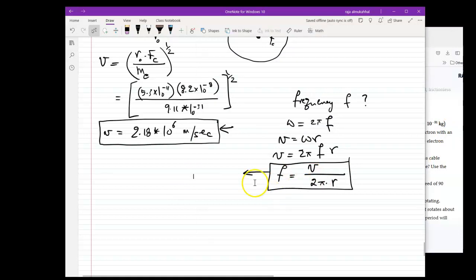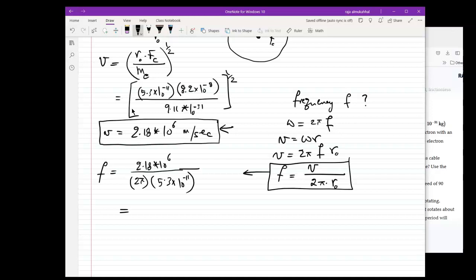All right. So everything is ready to go. We can just plug the numbers into this equation. The velocity is equal to 2.18 times 10 to the 6. I hope I did this right. I don't have the answer in front of me. Divided by 2 pi times r, where r is the Bohr radius, 5.3 times 10 to the negative 11. And then we can get how many revolutions the electron would be able to make.